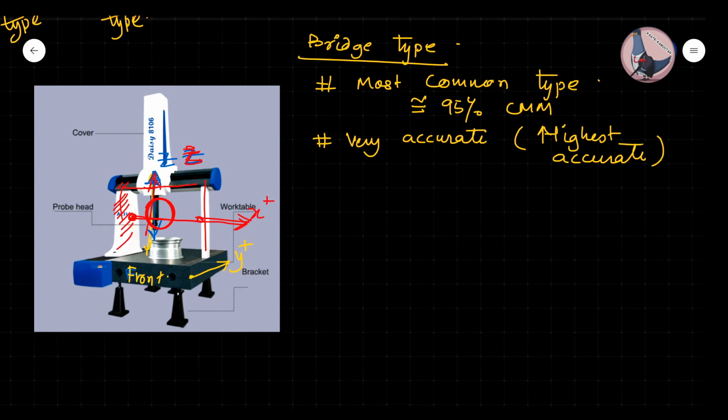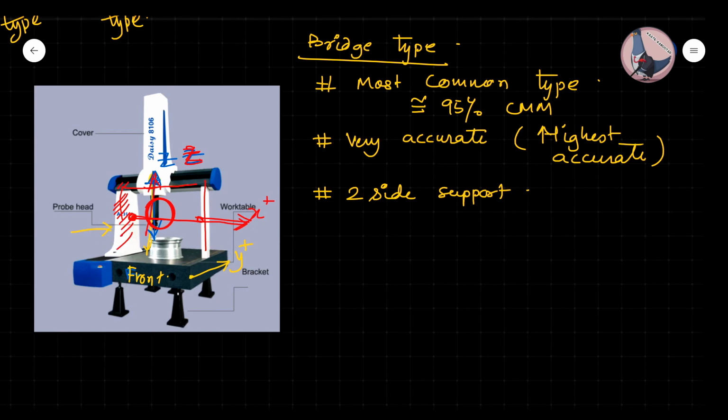Nothing so fancy about it. So it has two-sided support. Now you must be seeing this is very thick and this is very thin. If you see the column cross section, then this is larger.